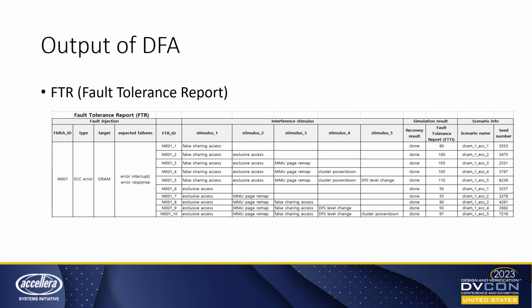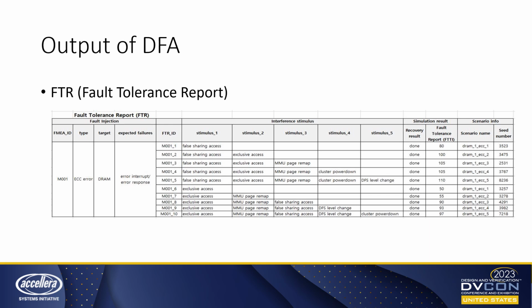These scenarios were generated by the PSS tools, and each stimulus and coupling factor will be made by each PSS action. The PSS tool will generate the randomized sequence using these coupling factors.